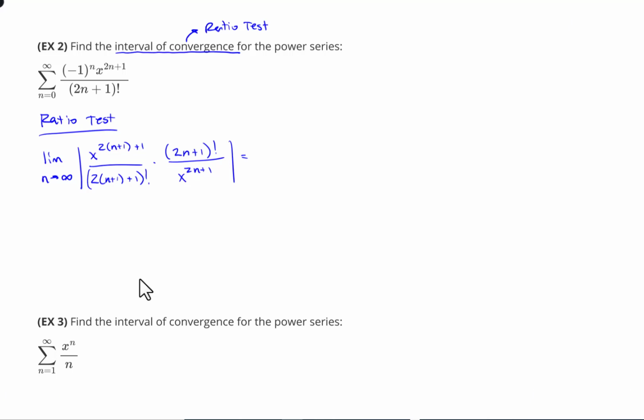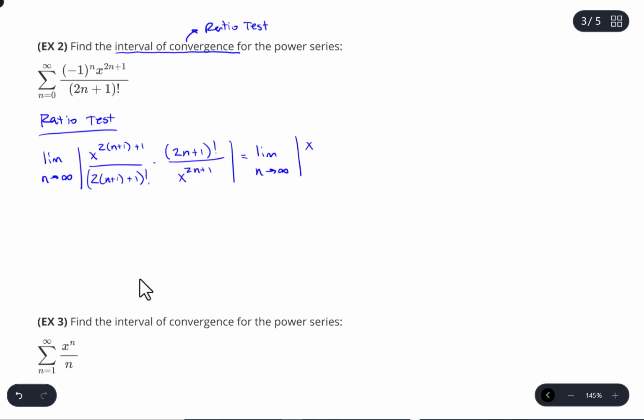So let's see what happens. So this would be the limit as n goes to infinity of x to the 2n, and then the 2 will distribute, so this will actually be 2n plus 3, and this will also be 2n plus 3 factorial, times 2n plus 1 factorial over x to the 2n plus 1.